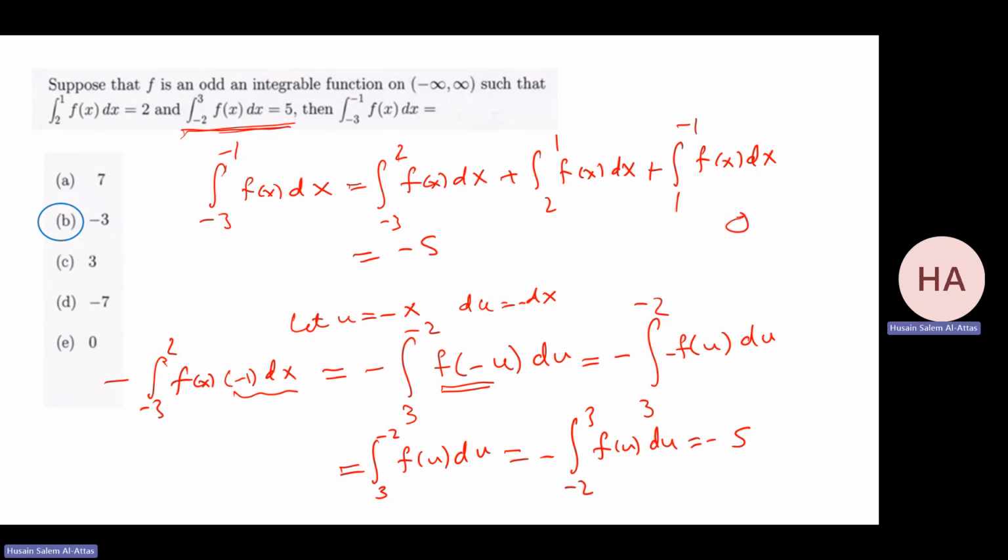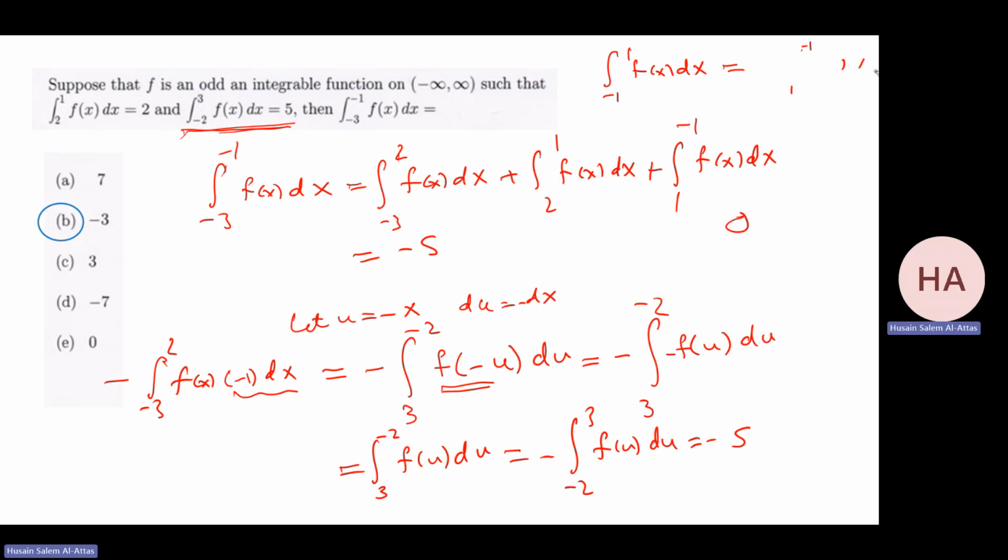And this one is 0. Since the function is odd, the integral from minus 1 to 1 of f of x dx is 0.